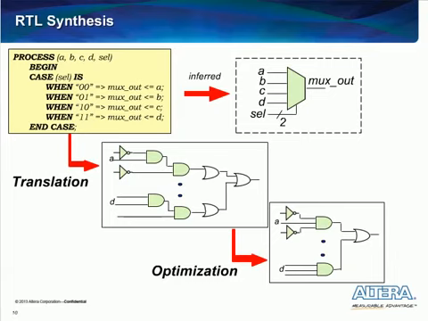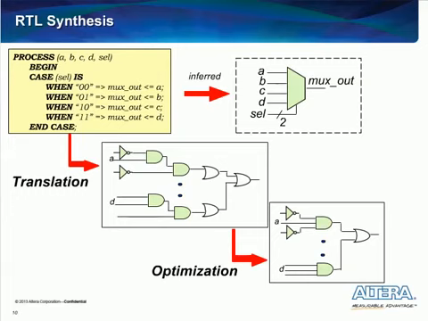During RTL synthesis, code that is written is analyzed and equivalent logic structures are generated. So in the upper left, you can see a process block with a case statement inside. When coding this case statement, the logic I'm seeking is a 4-input mux. The synthesis tool, recognizing the case statement structure, performs two steps, translation and optimization.